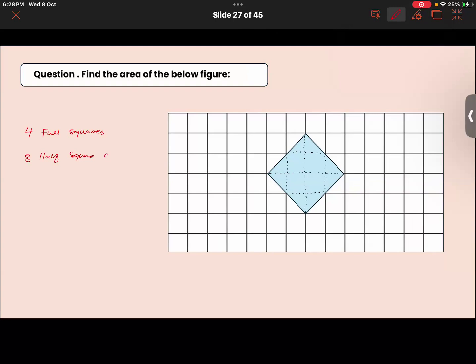So the area is 8. Half of 8 is 4, and 4 plus 4 is 8. That is 8 square units.